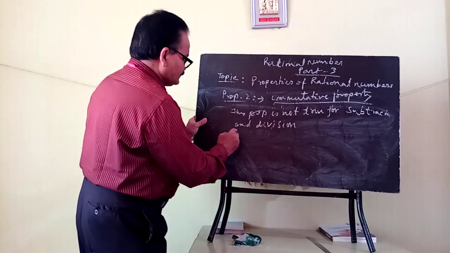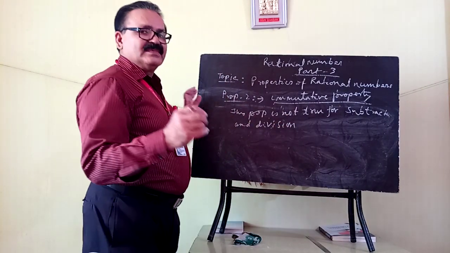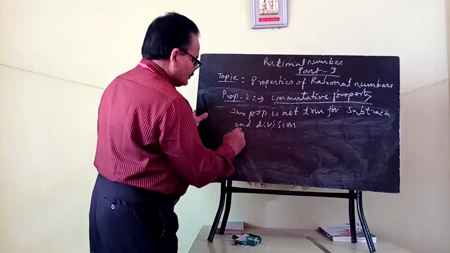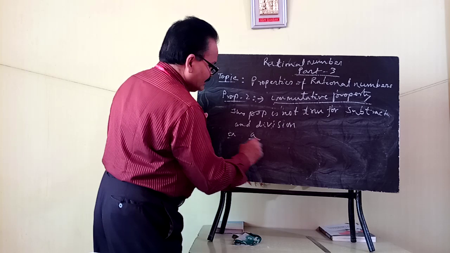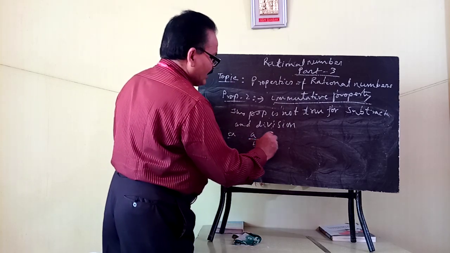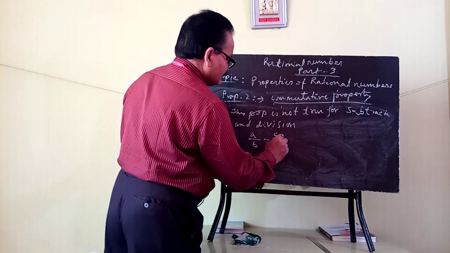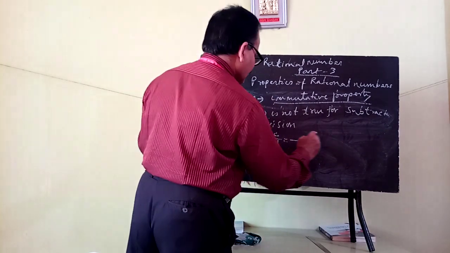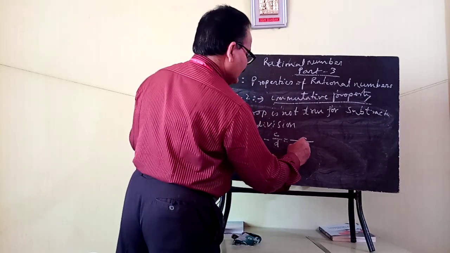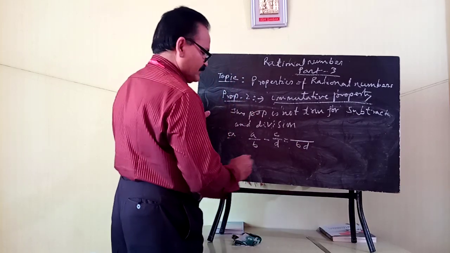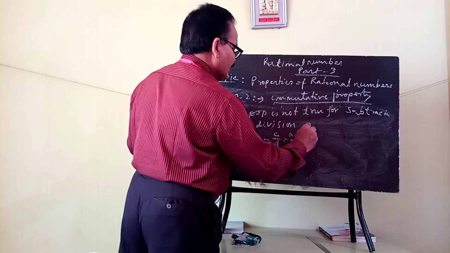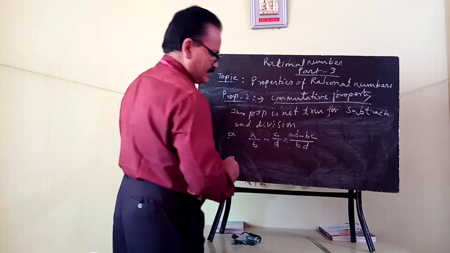That means if A by B and C by D are two rationals, example you say A by B is a rational minus C by D. What will happen? What answer you will get? You will get BD as your product, I mean LCM. So this will become AD minus BC.